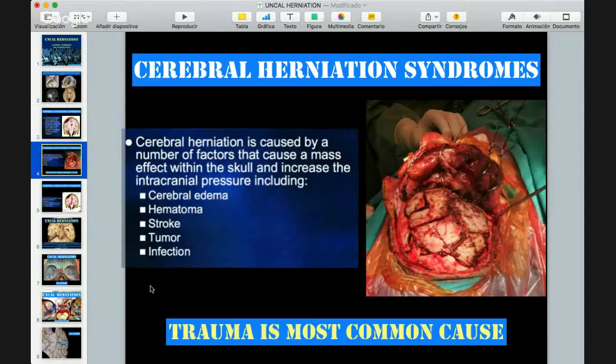Trauma is the most common cause of brain herniation, but there are other causes such as cerebral edema, hematoma, stroke, tumor, and infection.